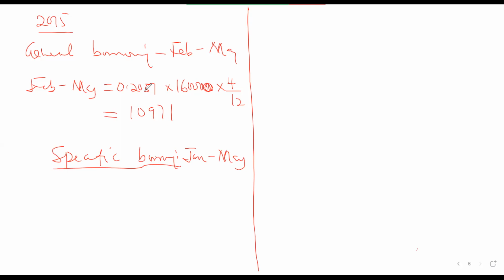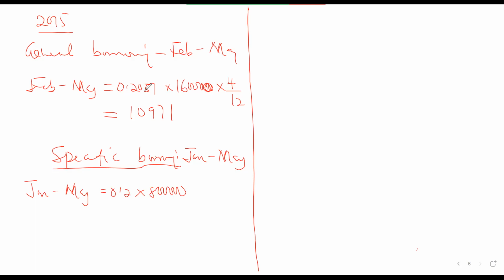So it doesn't matter when the investment or when the transfer was made. The calculation of the borrowing cost is based on the total amount. So this one will still be from January to May, and this will still be 0.2 times the 800,000. The calculation will still be on the initial amount, so it will be 0.2 times 800,000.